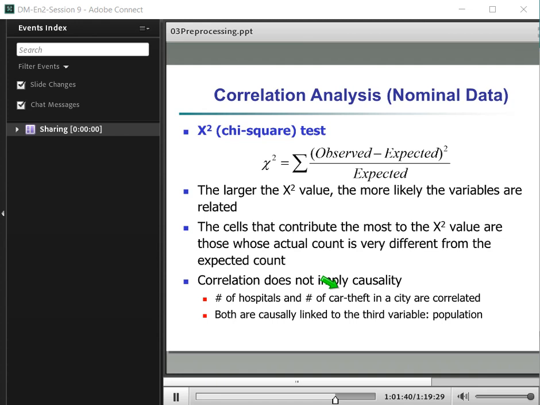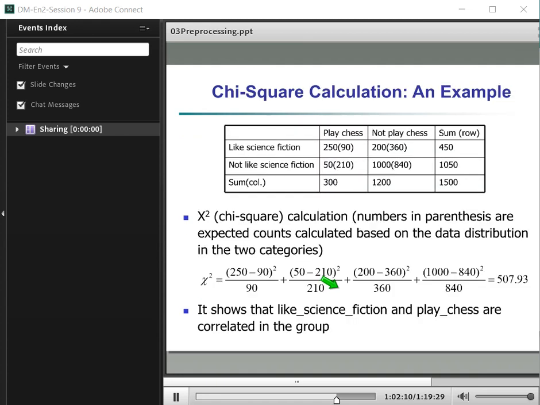So directly I cannot make a reasoning, or this correlation does not imply something else. We simply calculate a number and say, okay, it seems there is a correlation between the number of hospitals and the number of car thefts. Nothing else. You cannot make a reason according to this correlation.